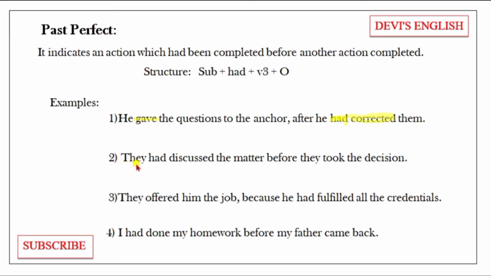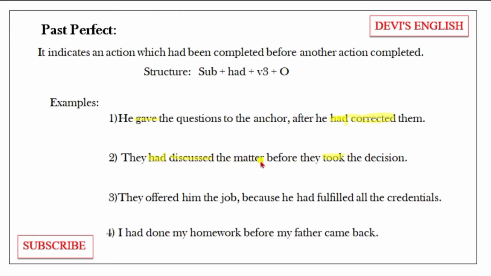One more example: they had discussed the matter before they took the decision. They took the decision. Here they had discussed indicates the past perfect action. Past perfect means the earlier past action. So took here indicates the completed action. What is the sentence meaning here?